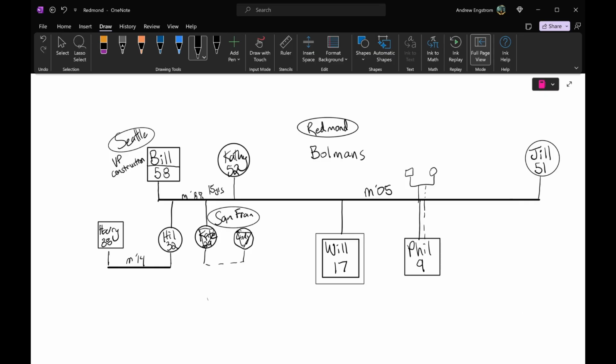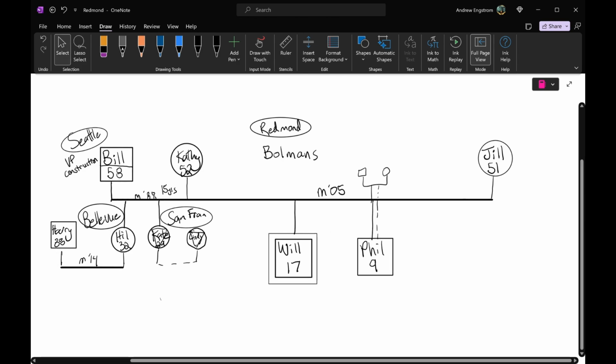There are many, many symbols in the genogram world, and it gets more and more confusing. My thought is keep it fairly simple, and then you can just write notes near if you need to. Hillary and Harry live in Bellevue. I really like writing where people live, and this isn't in genogram lore, but it really does help.